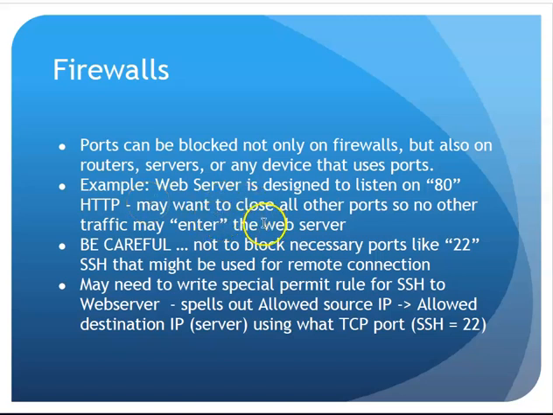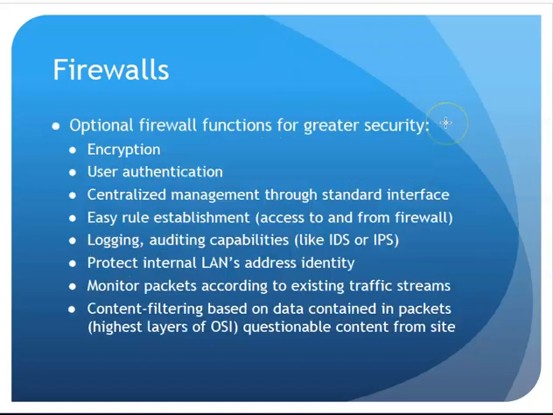The only thing I need to worry about is making sure you're not blocking something like 22. If you need administrative access to the server through SSH, I might need to allow that, but I might be specific. The SSH is allowed if it's coming from a certain network or a certain node or a certain host. I can write a very specific rule for that.